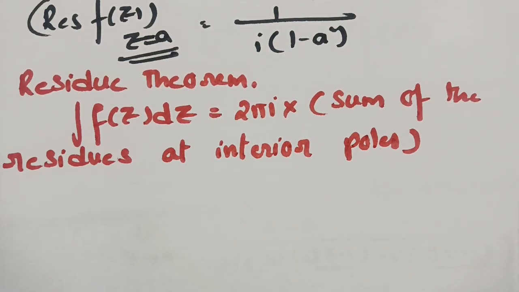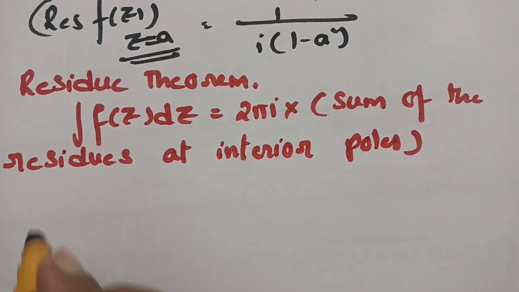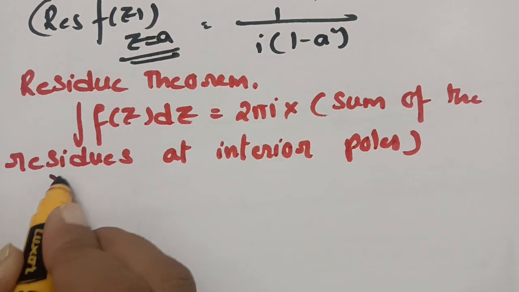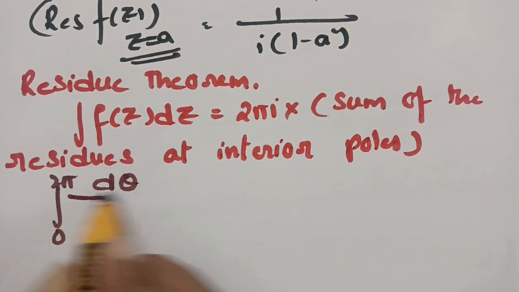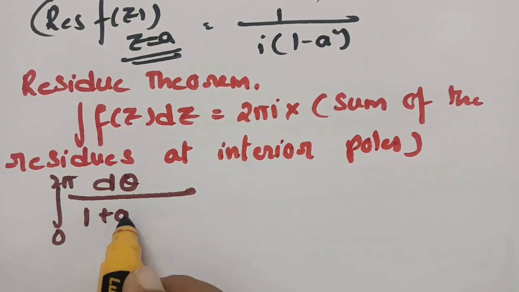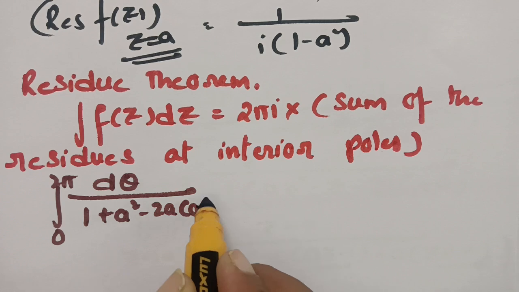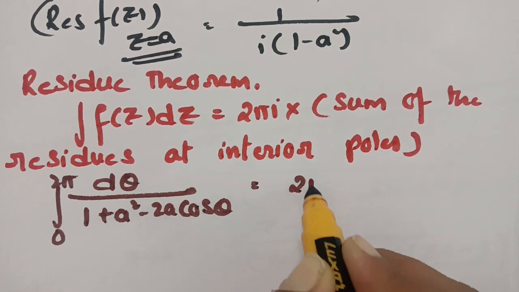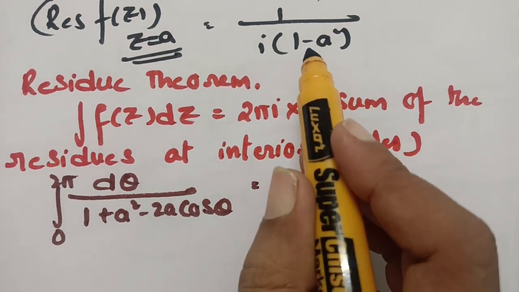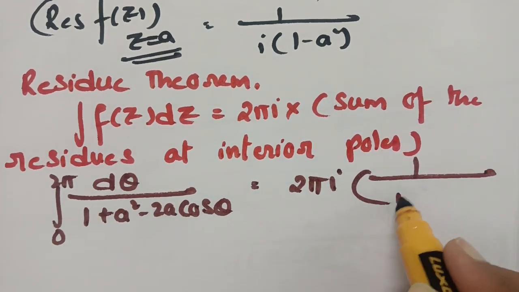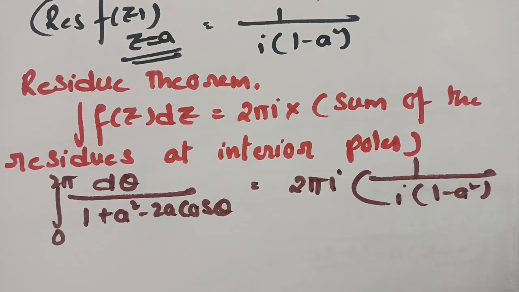Here our residue value is nothing but, so this value is integral 0 to 2 pi d theta by 1 plus a square minus 2a cos theta is equal to 2 pi i times of the residue at the interior pole, that is i times of 1 minus a square.